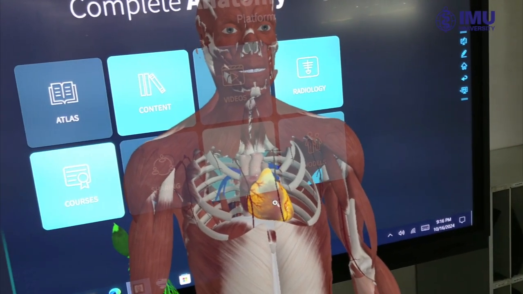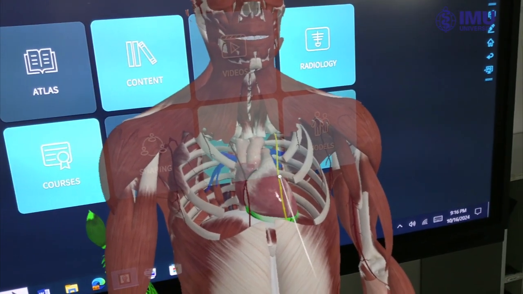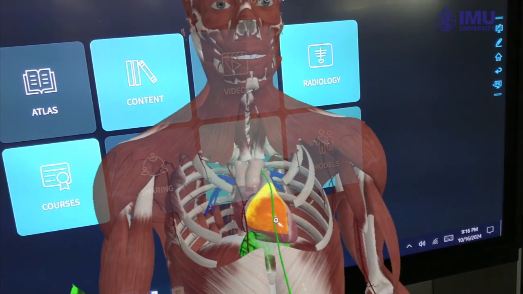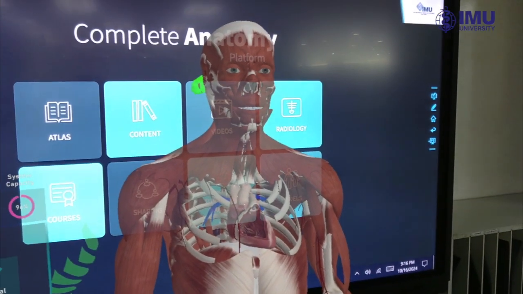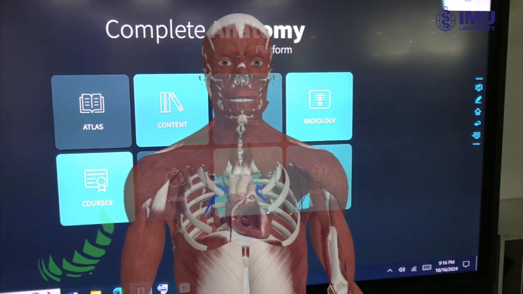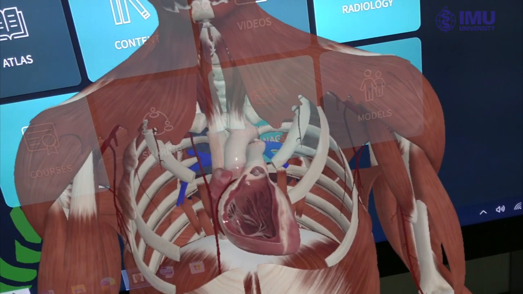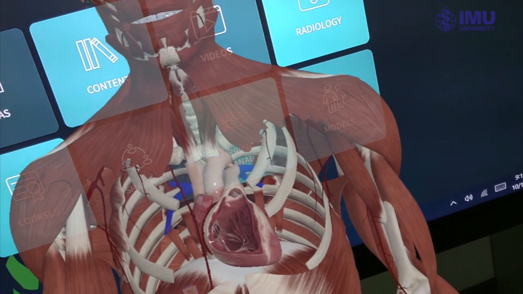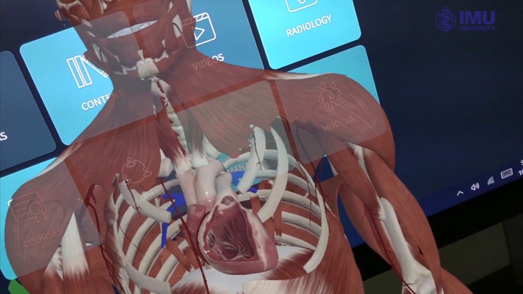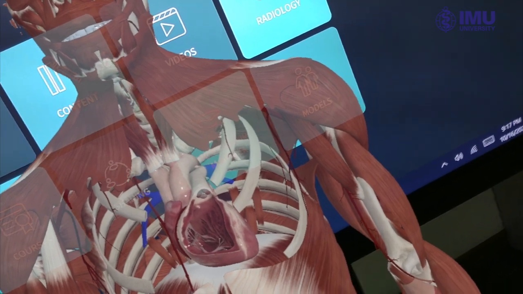So let us remove the anterior part of the right ventricle. This green colored structure is the left internal thoracic artery, which is also removed. What we can see now is the internal structure of the heart on the right side. You can see the tricuspid valve, ring, cusp.